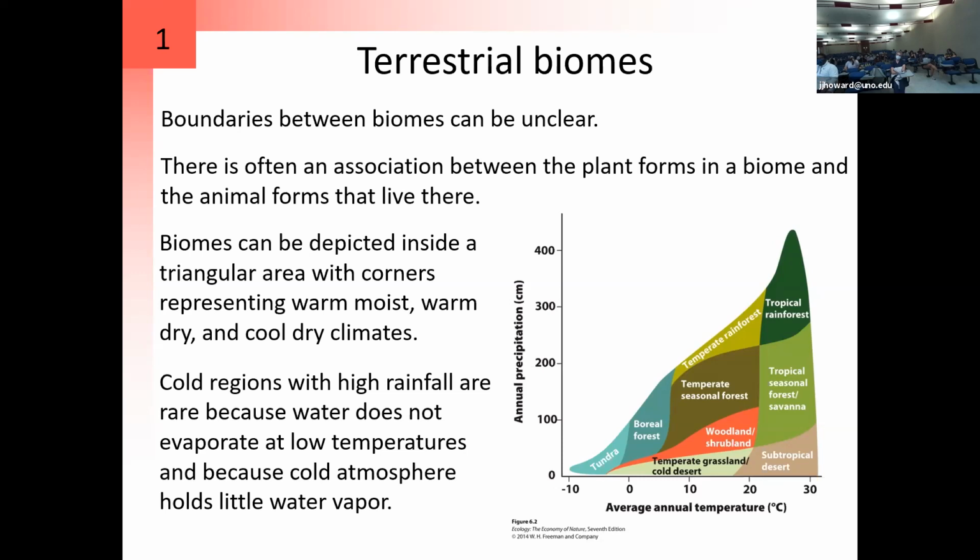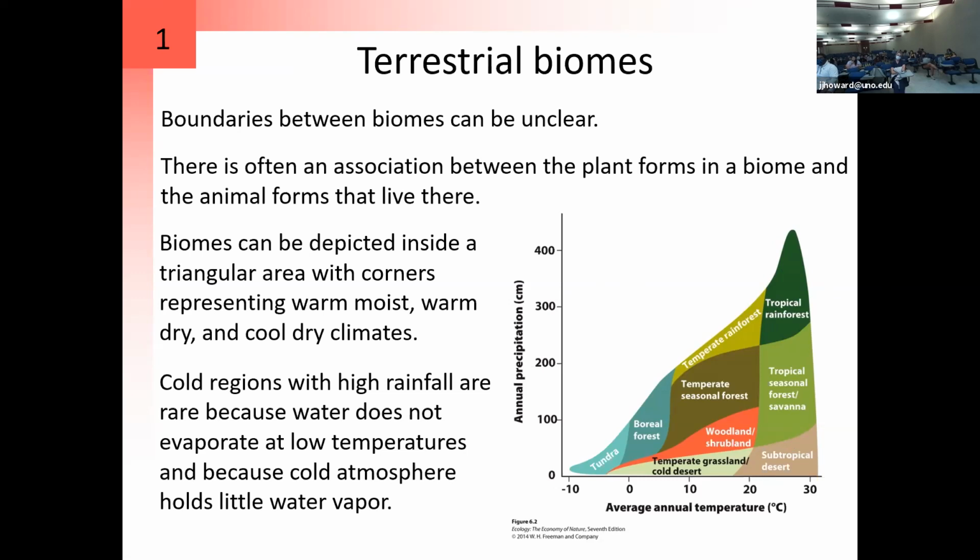So if you think about it, you have a column here on the right-hand side that's very warm. And here's warm and wet, that's tropical rainforest. For those of you at home, we are looking right here and then moving down. And then as it gets drier, but it's still warm, then you have what we call seasonal forest or savanna.